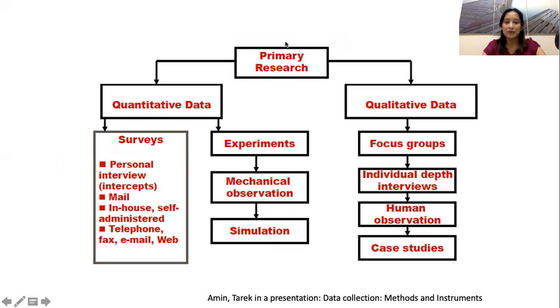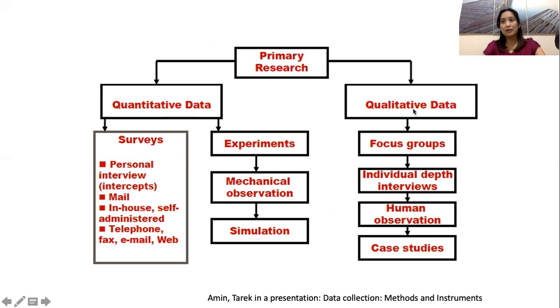No? So primary research data collection is divided into quantitative data, either in the form of surveys, no, experiments, observation, or even simulation. Qualitative data can usually be generated through focus group discussion.